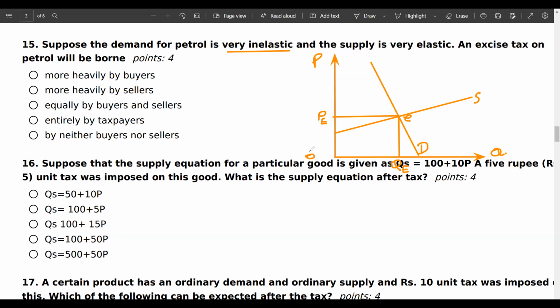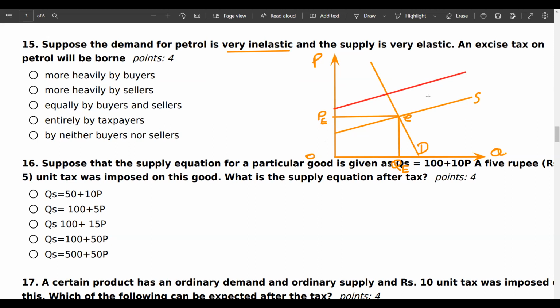Then the tax is being put now, and like we said, it's excise tax. So excise tax generally is put on the producer. So it's going to affect the supply directly. When we do that, you see the supply curve is shifting to the left.